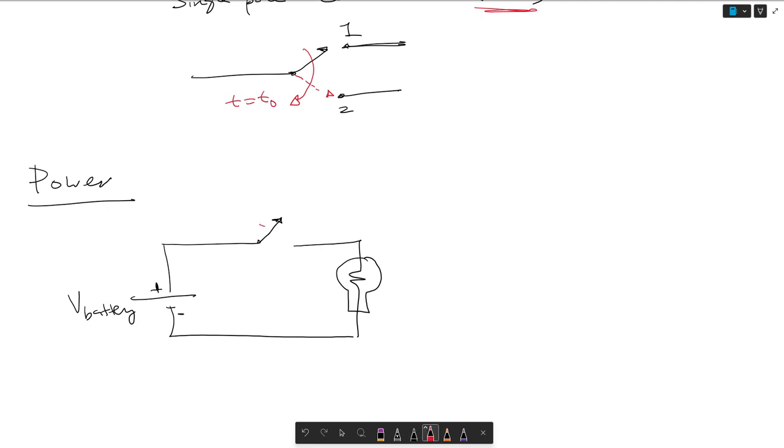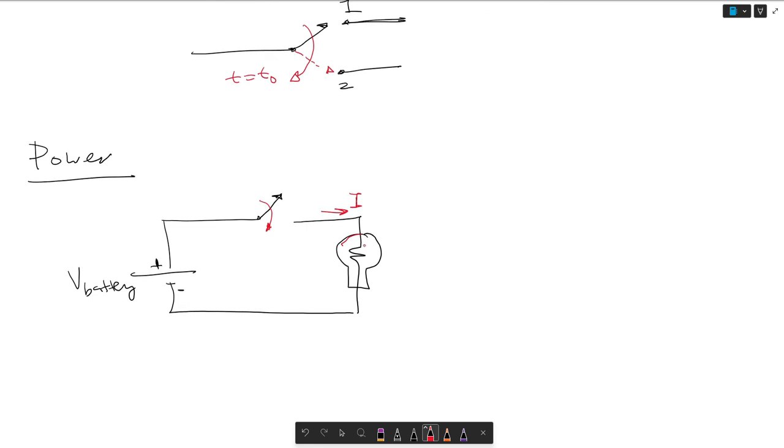When I close this switch, there's going to be a current I that flows to this light bulb, where energy will be consumed by this light bulb and photons will be released at a certain frequency that we see as yellow in most light bulb cases.